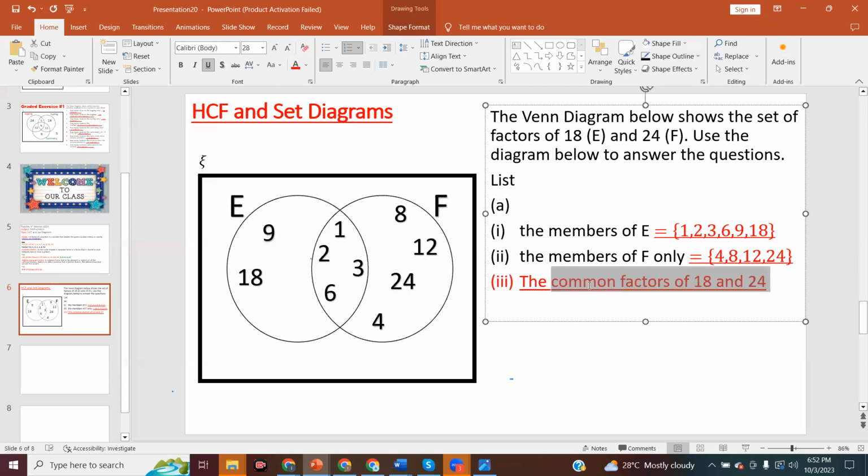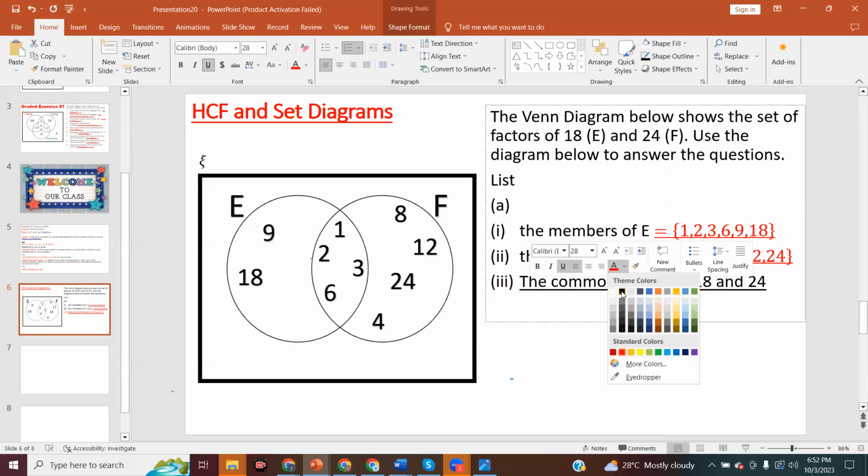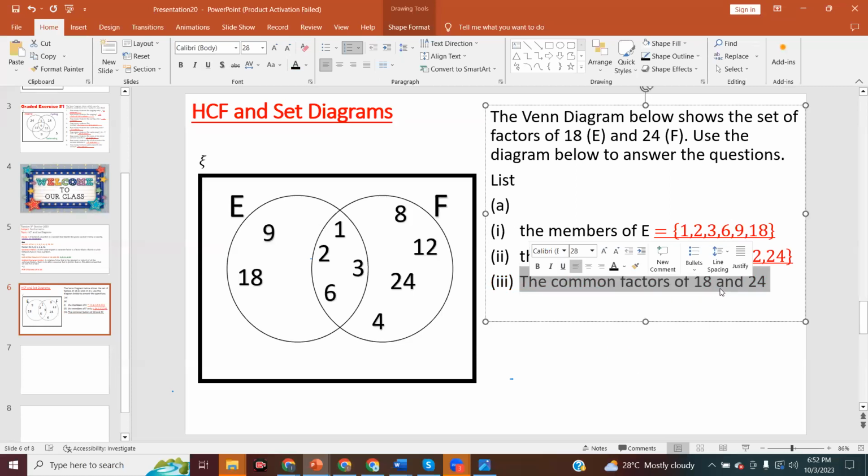Put your answer inside the chat, please. What are the common factors of 18 and 24? What is it going to be? Remember that you should not forget to put the curly brackets when you list them.